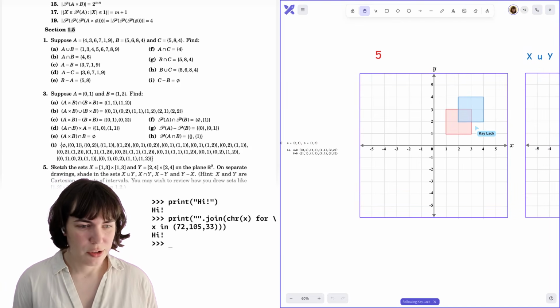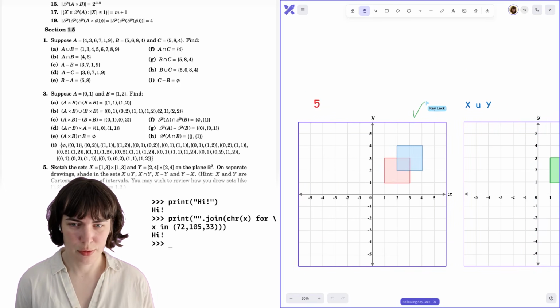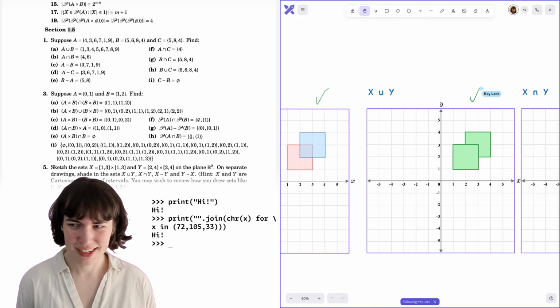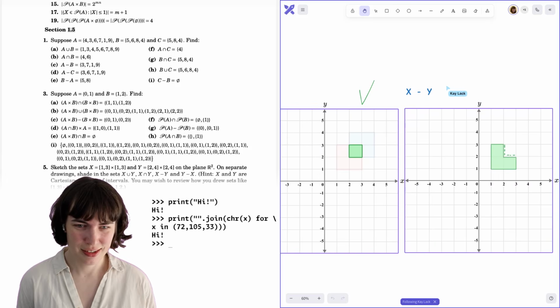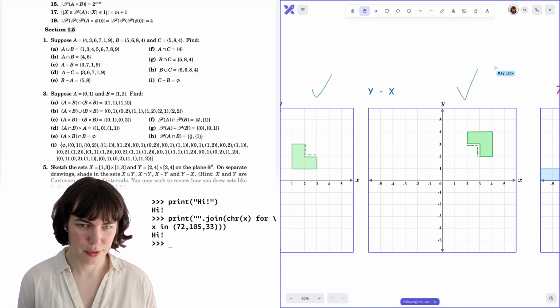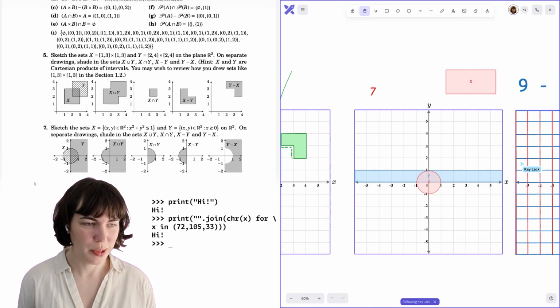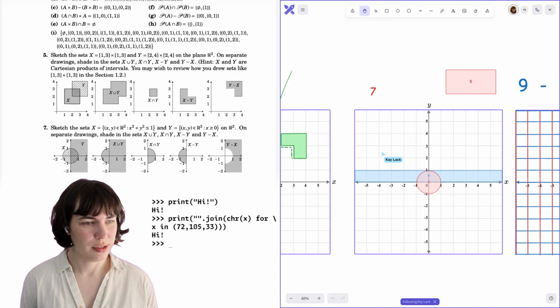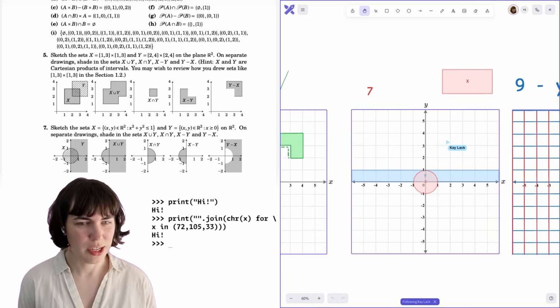Okay, let's look at the graphs. Okay. Right. Right. Okay. Good. I got this. I didn't do that one properly. But I got the right idea when I was thinking about it.